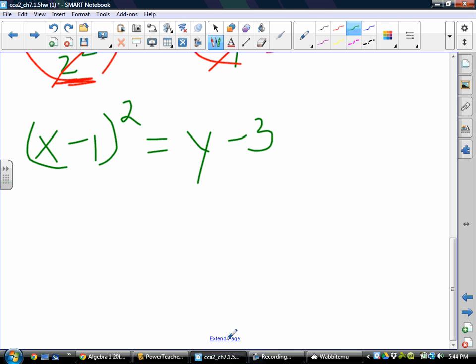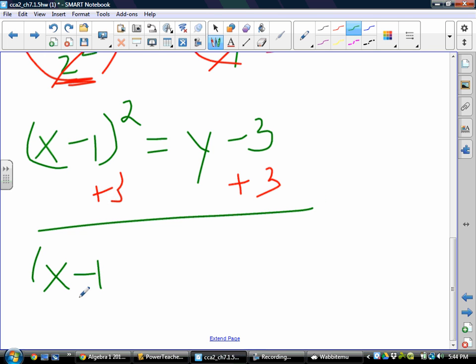Last step is I add 3 to both sides. So my new equation, this is the inverse equation, is going to be (x minus 1) quantity squared plus 3. And that is my inverse equation.